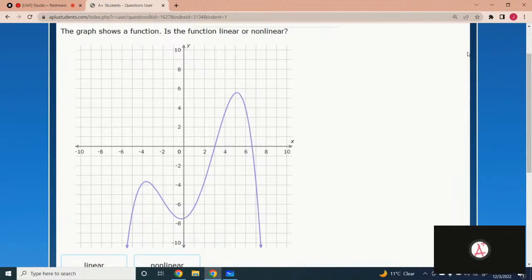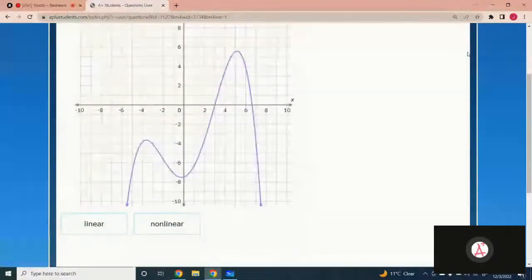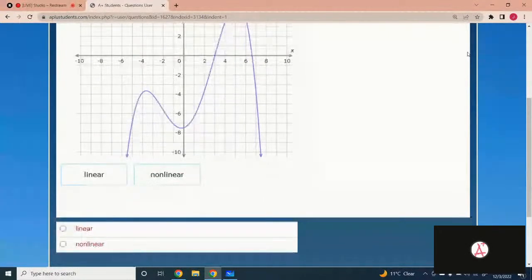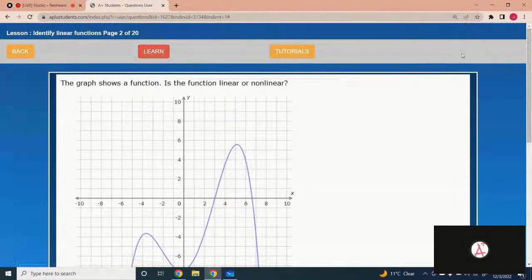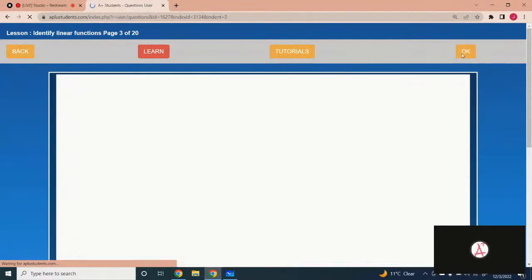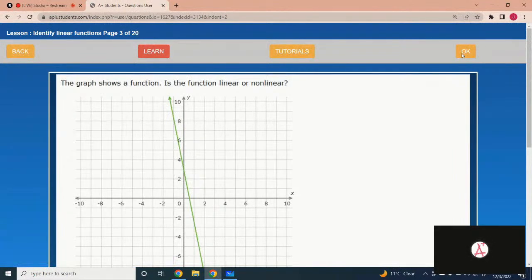Because the graph is not a straight line, it would be the non-linear function. Just select the correct option. The graph for a linear function must be a straight line. So if the graph is not a straight line, it is a non-linear function.